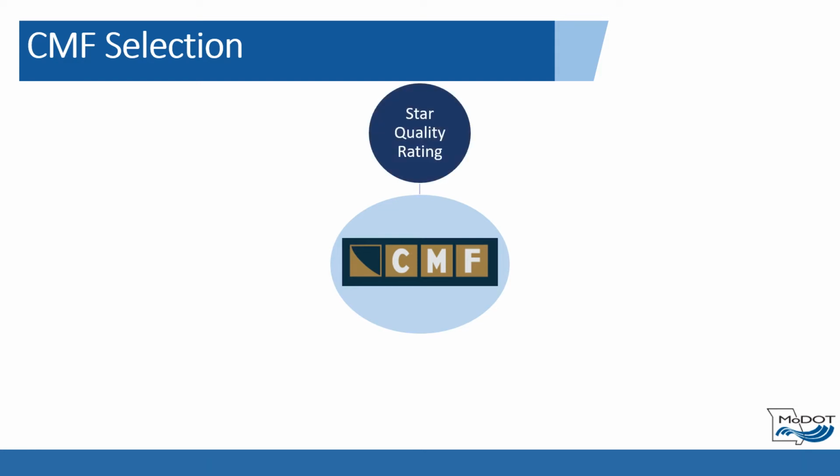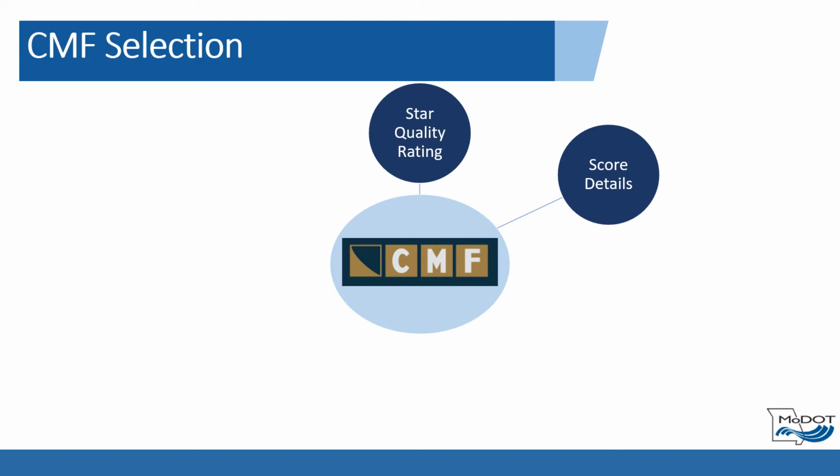Star quality rating. The star quality rating indicates the quality of the CMF, with 5 being the highest quality rating as mentioned earlier. The star quality rating can be used to help determine the most appropriate CMF to use if all major factors are similar. Score details.